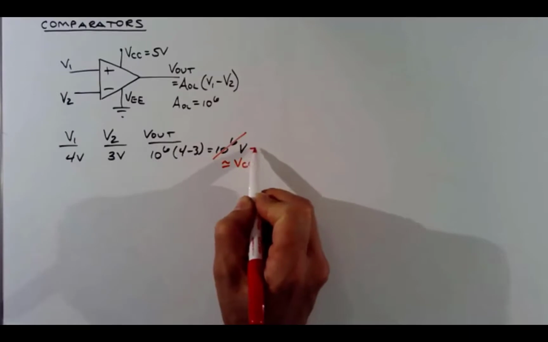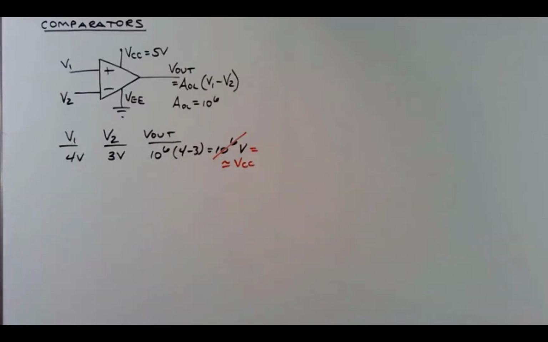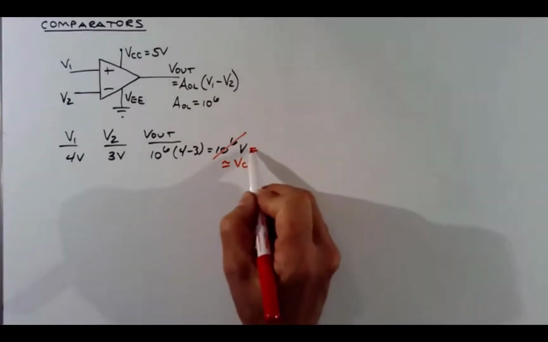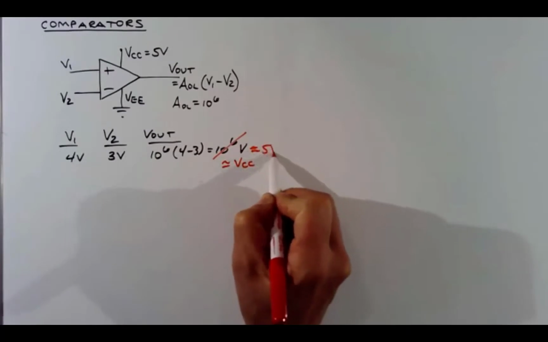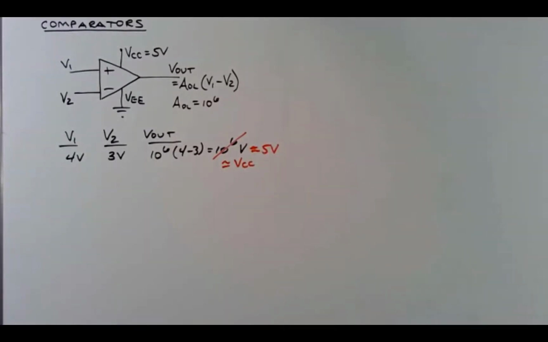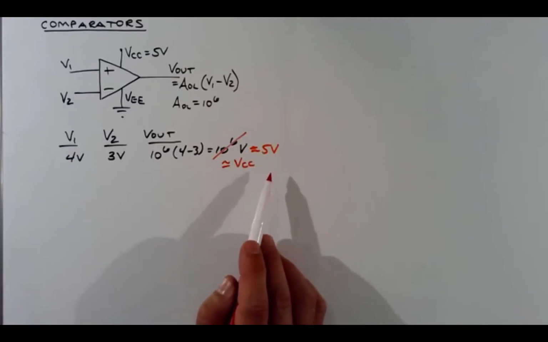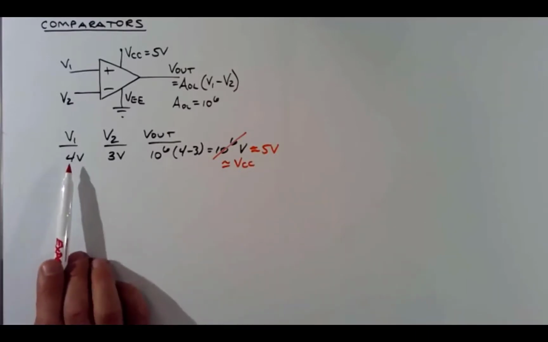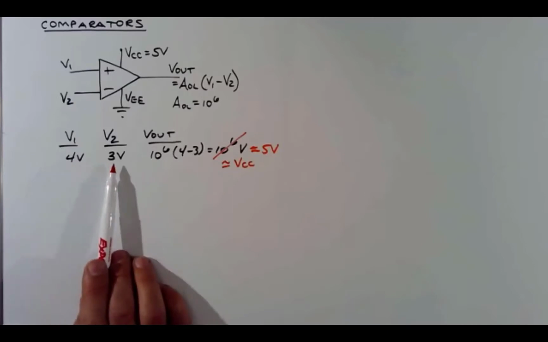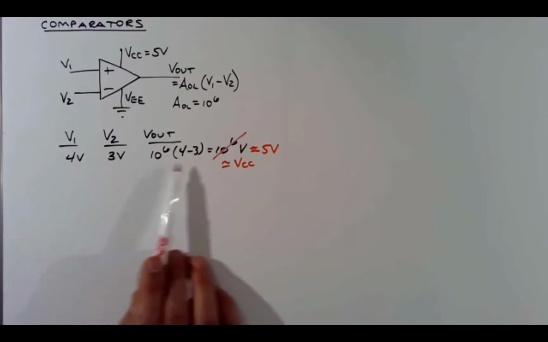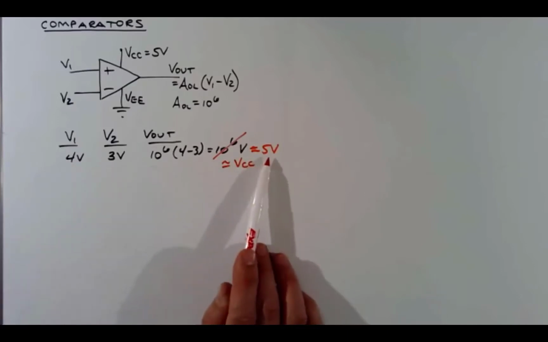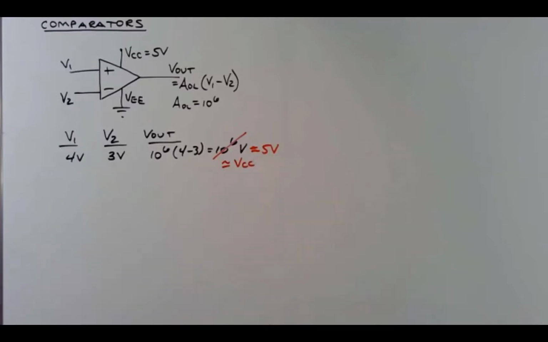Just for the sake of simplicity, I'm going to call it approximately 5 volts. It might be 4.8 or 4.7, but you'll get approximately 5 volts out of the op amp. So if V1 is greater than V2, just like it is here, then you're going to get a high value out of the op amp.